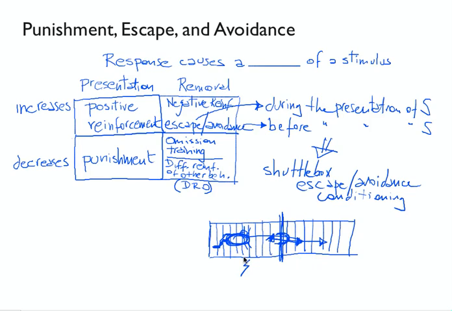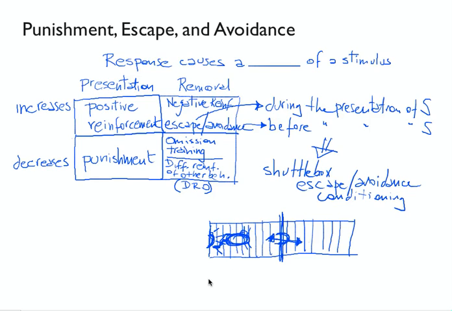Now here's what's particularly interesting. Let's see if I can erase this. Alright. Suppose that now you give some kind of warning. You have a little light here. That's a light. And 5 seconds or 10 seconds before providing foot shock, you turn on the light.